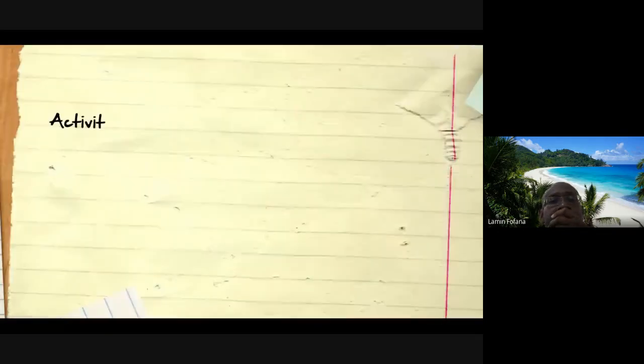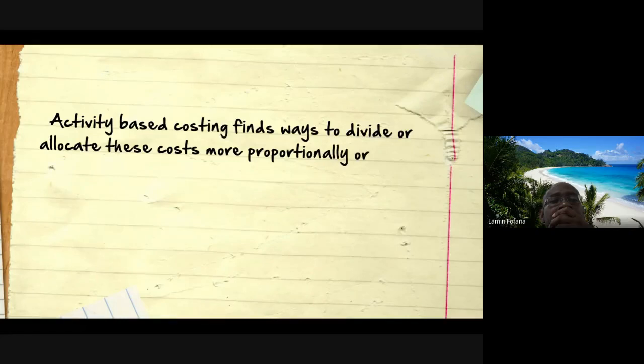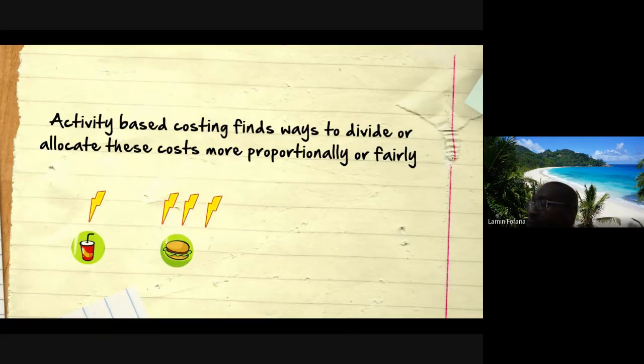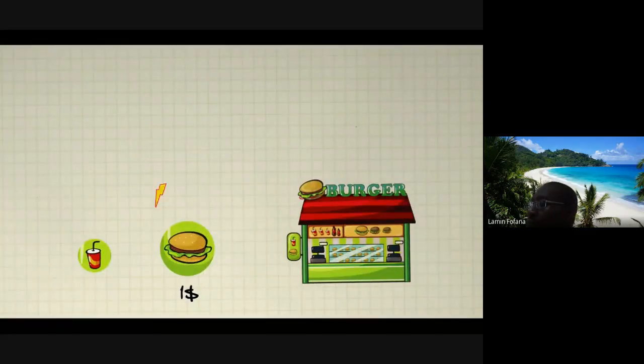However, activity-based costing finds ways to divide or allocate these costs more proportionally or fairly, so that we can write down a higher cost for items or products which use more of the stuff related to cost. In our case, we now know that we should write down a higher electric power cost for burgers than for lemonades.